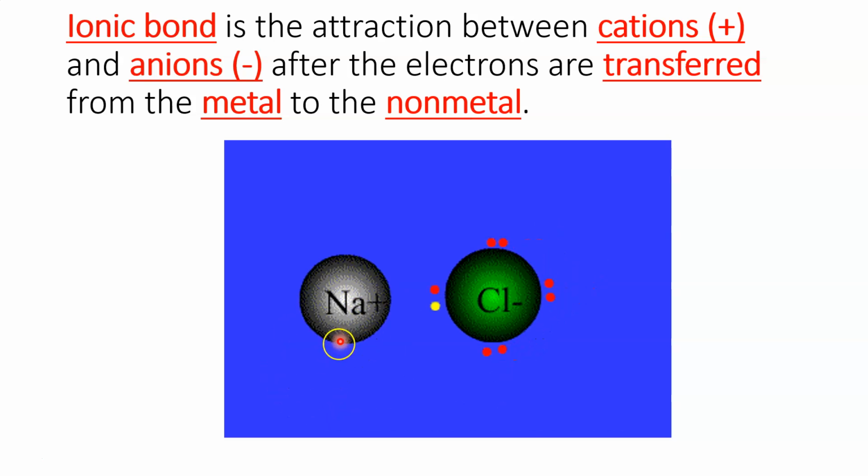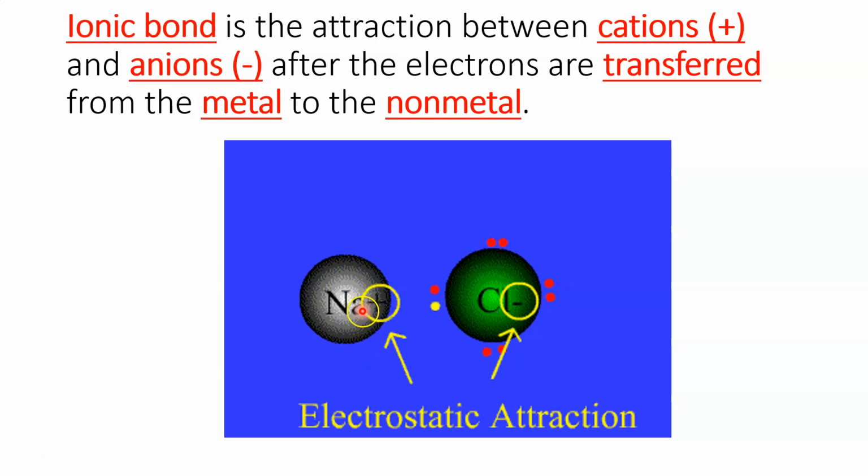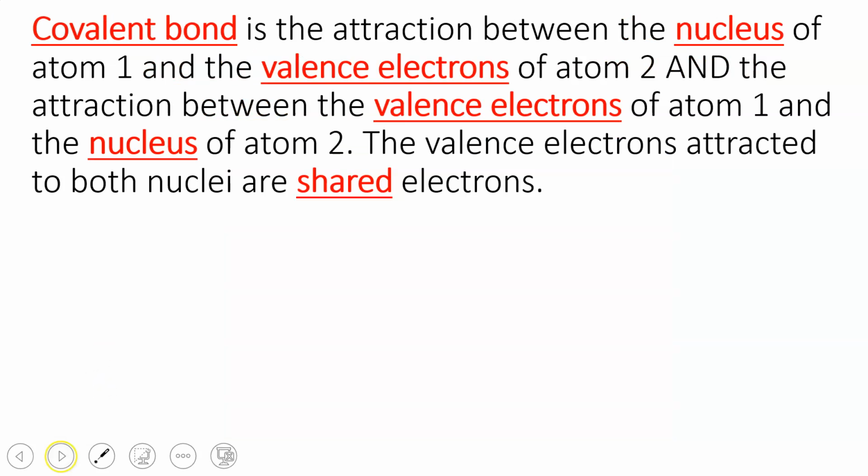As it gives the electron away, it's turning into a positive ion. Chlorine starts out as a neutral atom, and as it gains that electron that was given to it by sodium, it becomes a negative ion. When that change happens, we've got a positive ion and a negative ion, and they are attracted to each other because of opposite charges. That's Coulombic attraction.